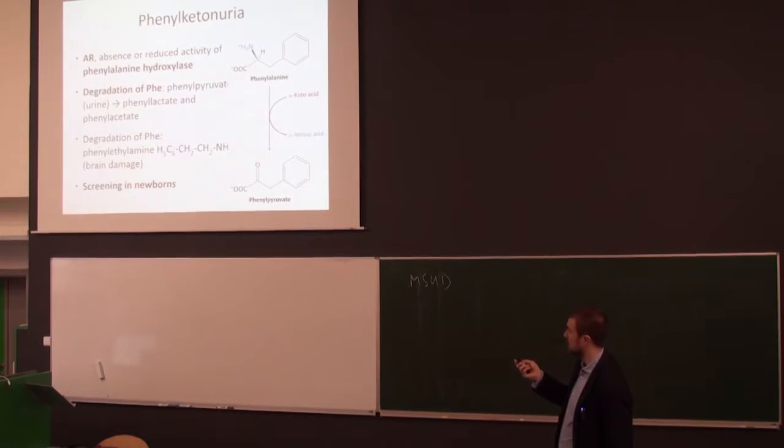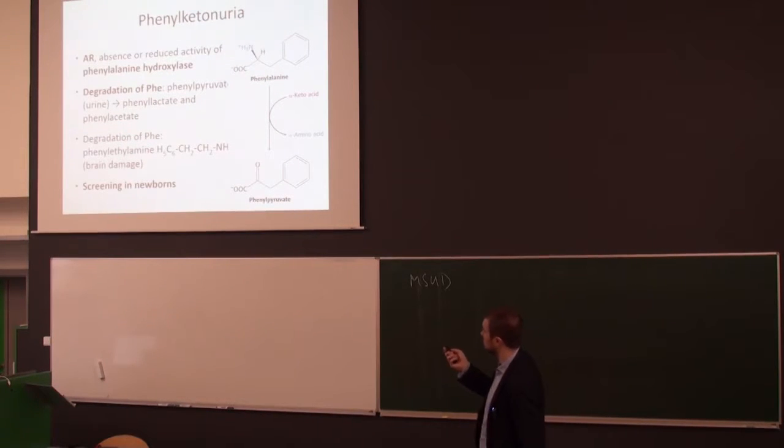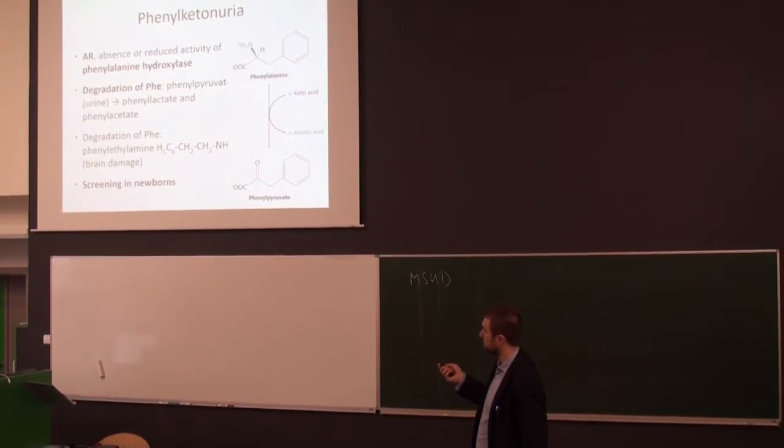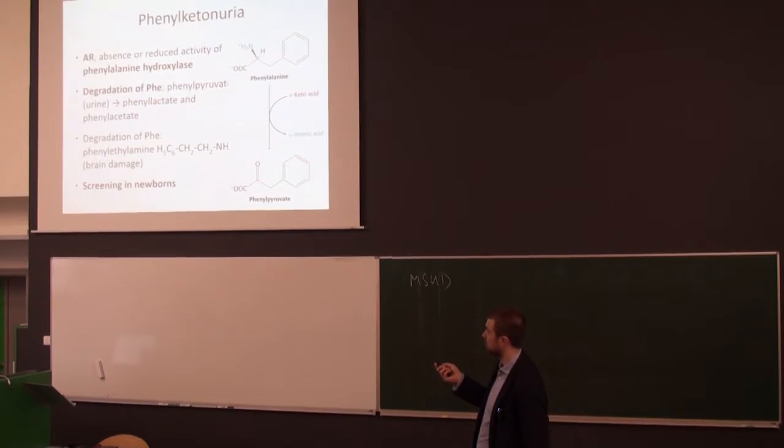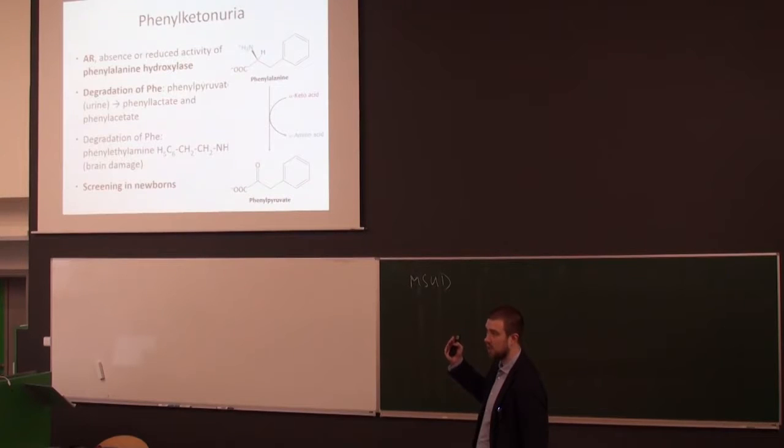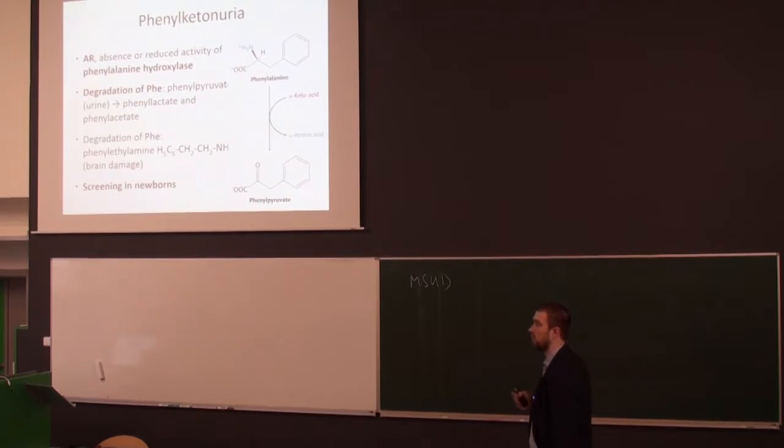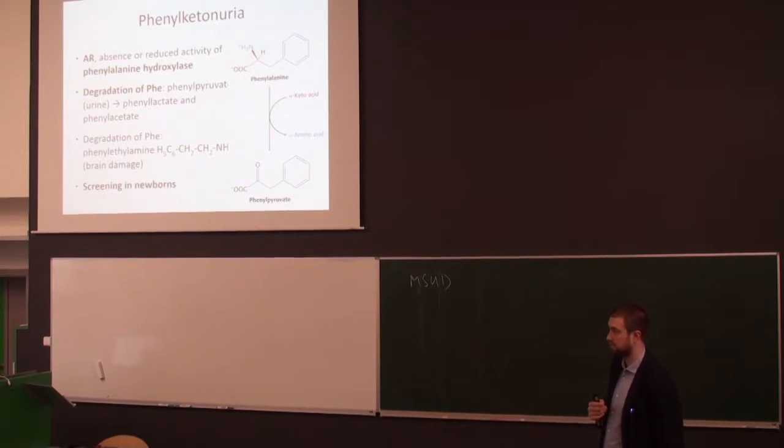The reaction is a transamination, and you simply convert this amino acid to an alpha keto acid, and therefore here you have the keto group. Subsequently, this keto group can be reduced to phenyllactate, and then you can have phenylacetate. These compounds you assess in the urine, and you know that when these compounds are produced in higher quantities, there must be a block of the phenylalanine hydroxylase.